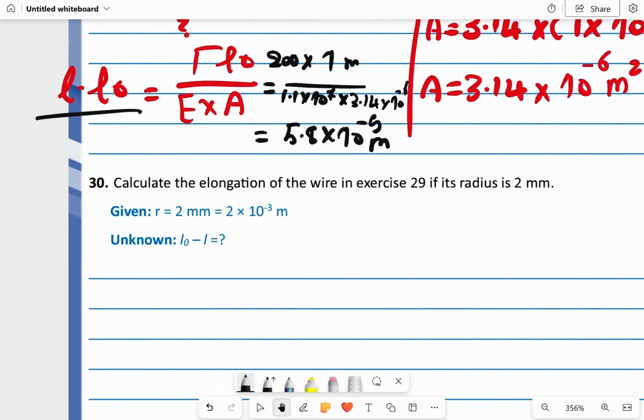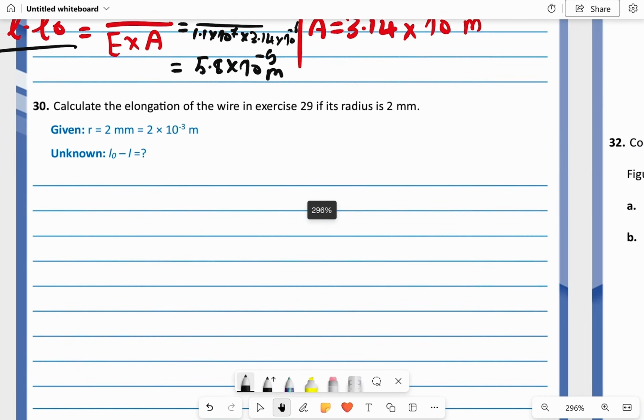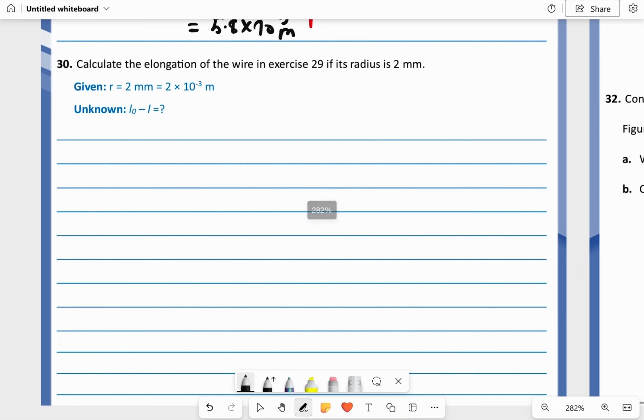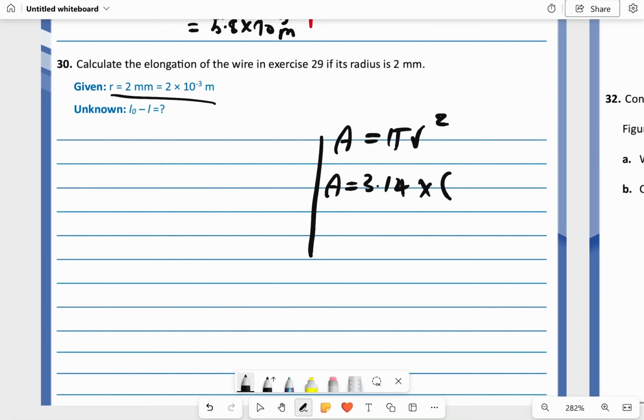Now question 30. Guys, don't do anything. Just change the radius from 1 to 2. So area will be pi r squared. Then A will be 3.14 times 2 times 10 to the power of minus 3, all of it squared.